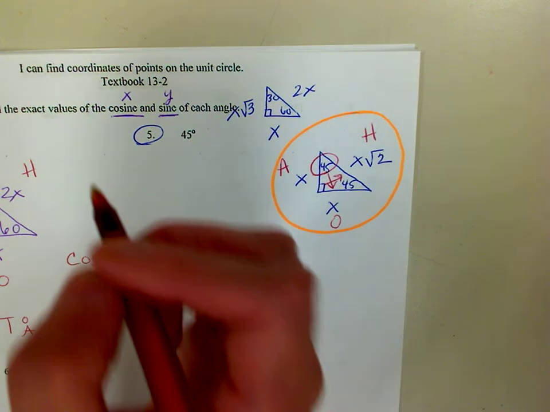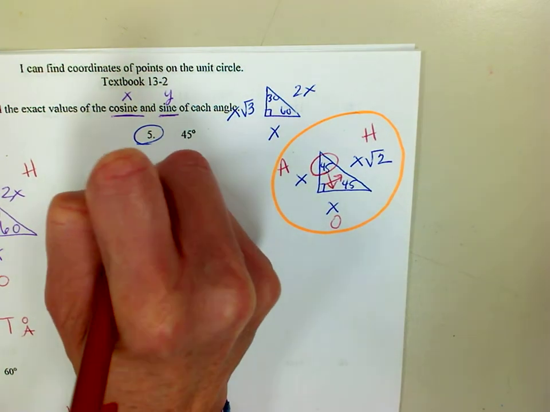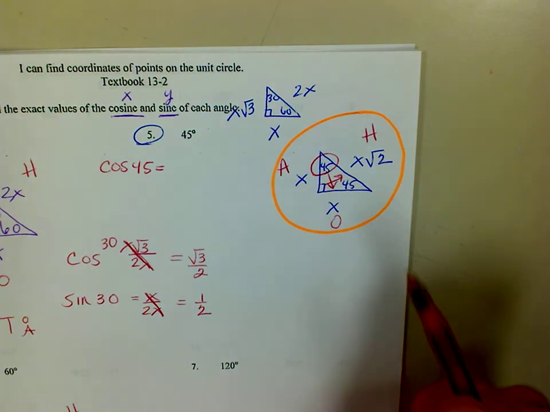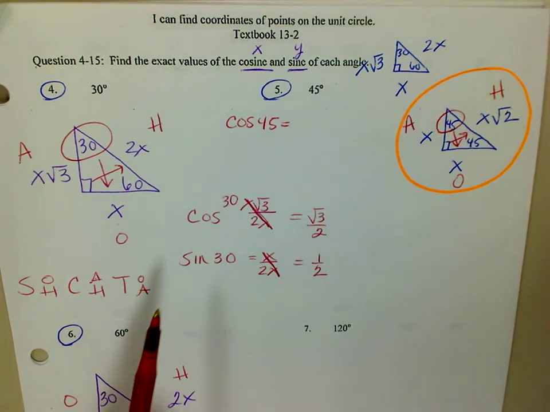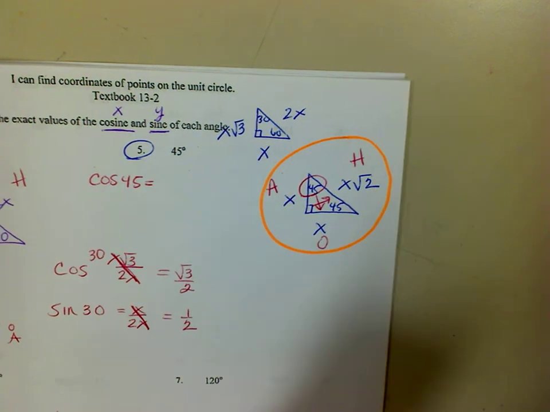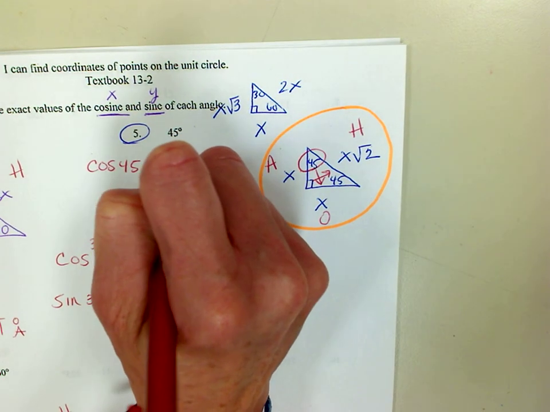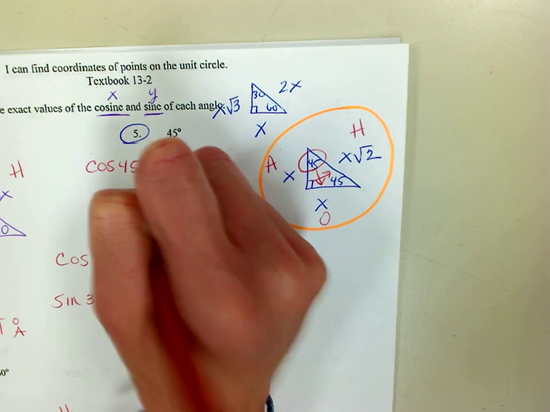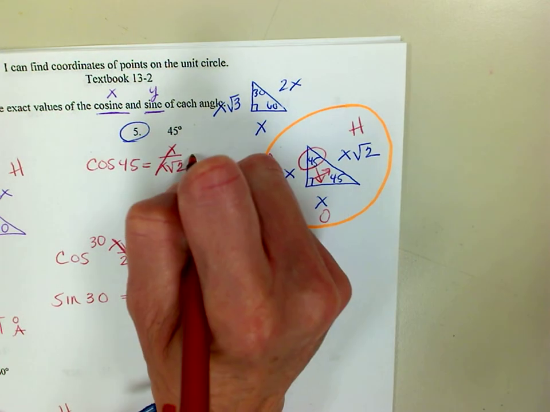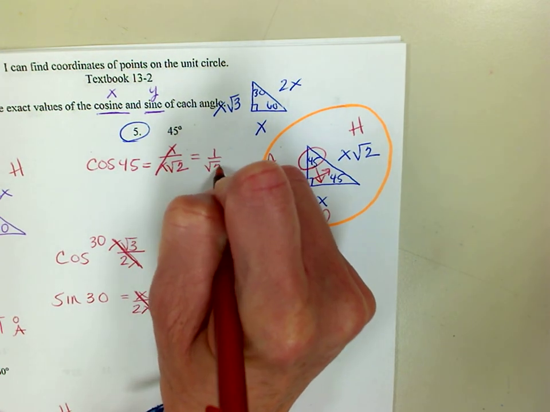Let's see, cosine of 45. That's going to be a over h. So here's a and here's h. X's cancel, but once they cancel, that is not allowed.